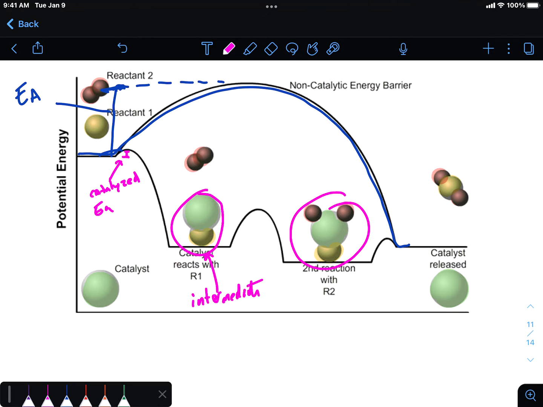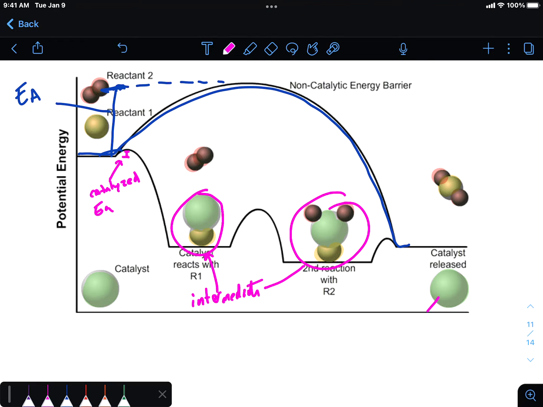And so is this. We have two intermediates compared to the original blue line, which is uncatalyzed. In the blue line, there's no intermediate. It's a one-step mechanism, which means the angle has to be right, orientation, all that. Energy has to be right.